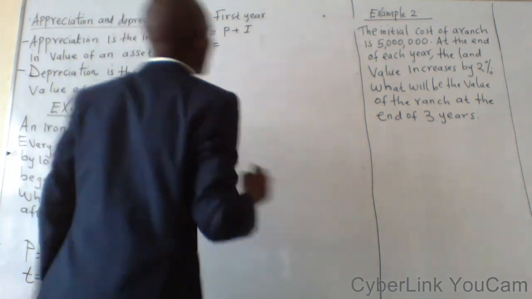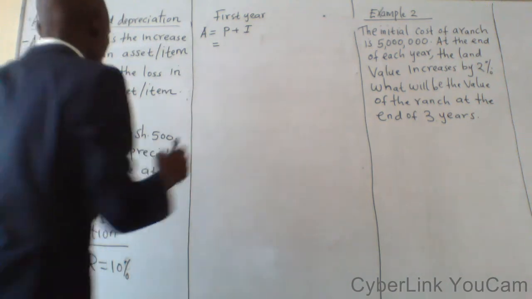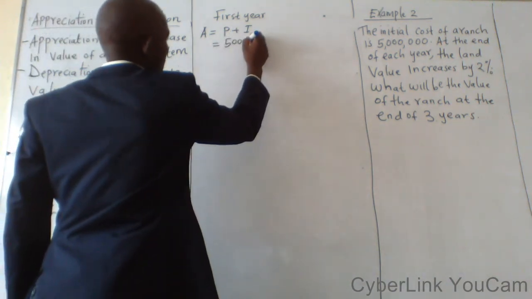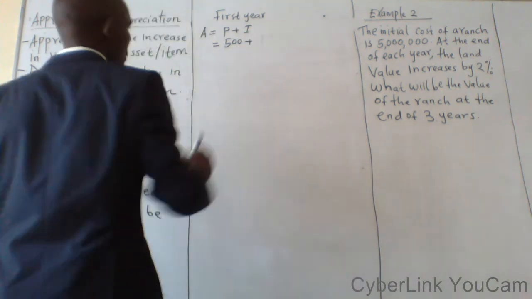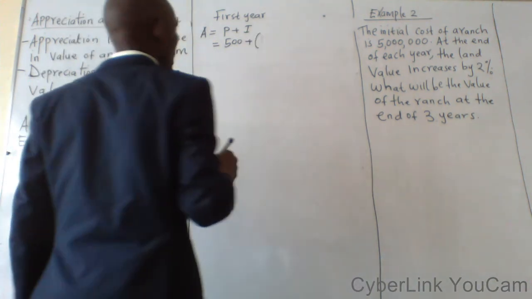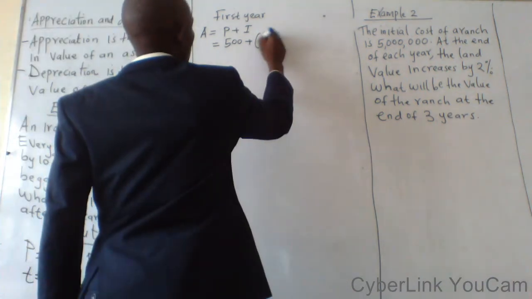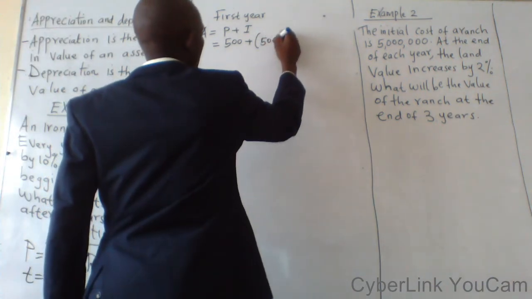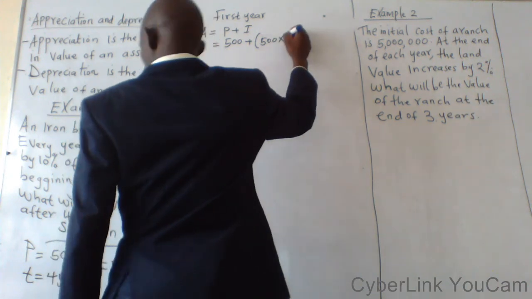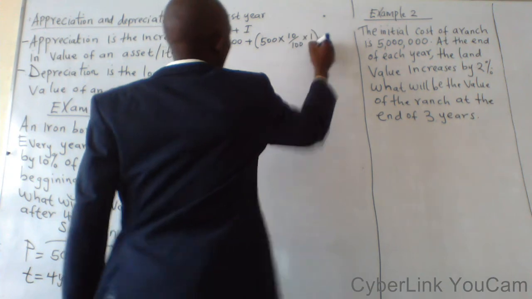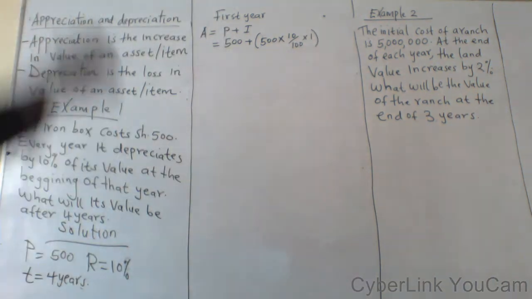This will be equal to, remember our principal is 500, plus interest. Interest is given by principal times rate. The rate we know is 10% all over 100 times 1. Remember, we are just interested in the first year.